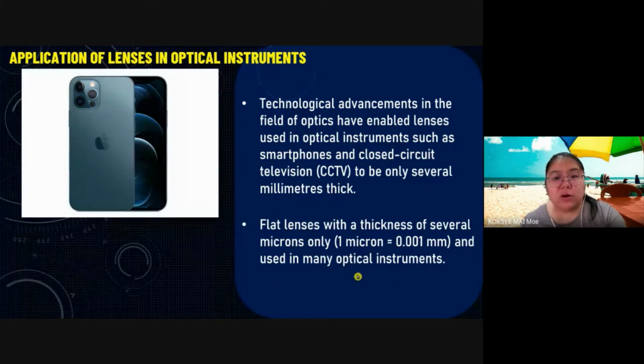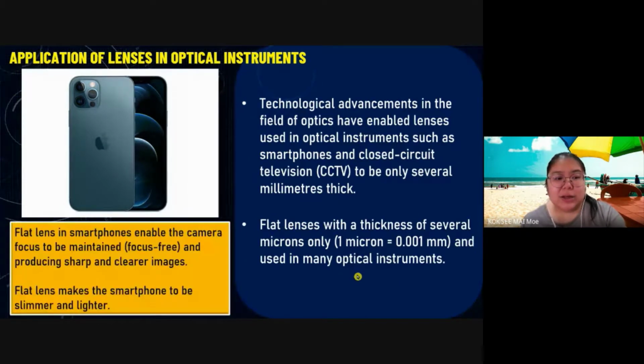All are lenses. The flat lens in a smartphone enables the camera to focus, to maintain the focus, and also produce sharp and clearer images. Flat lenses make the smartphone slimmer and lighter.